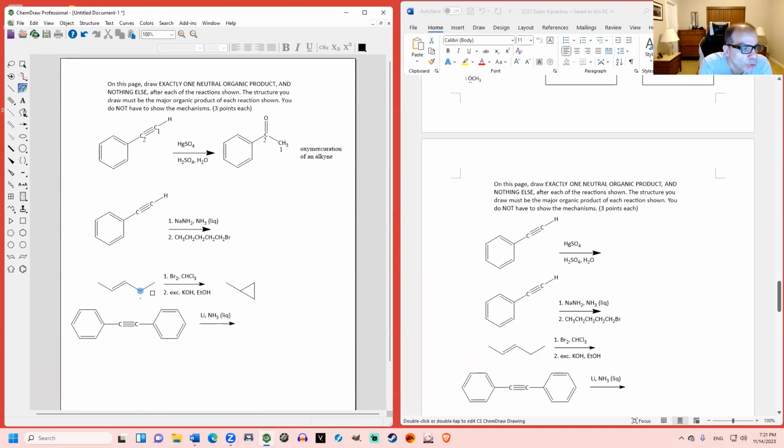And since the methyl group and the ethyl group are trans in the starting material, they will be trans in the product.